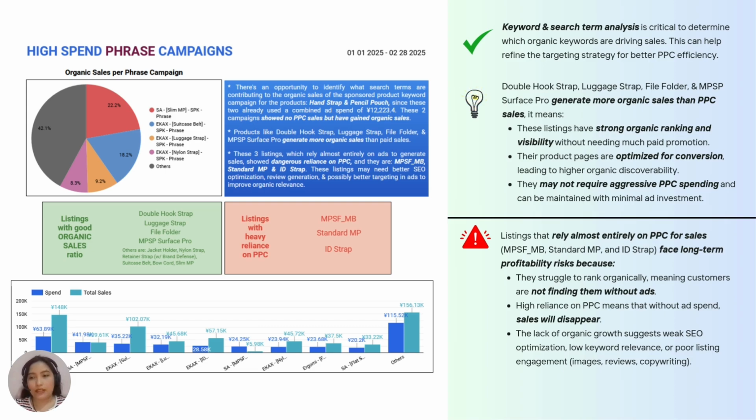On the other hand, listings like MPSF MB, Standard MB, and ID Strap are overly dependent on PPC, which makes them vulnerable to declining sales if ad spending is reduced. Their lack of organic growth indicates weak SEO, low keyword relevance, or poor listing engagement, which requires optimization to improve long-term profitability.